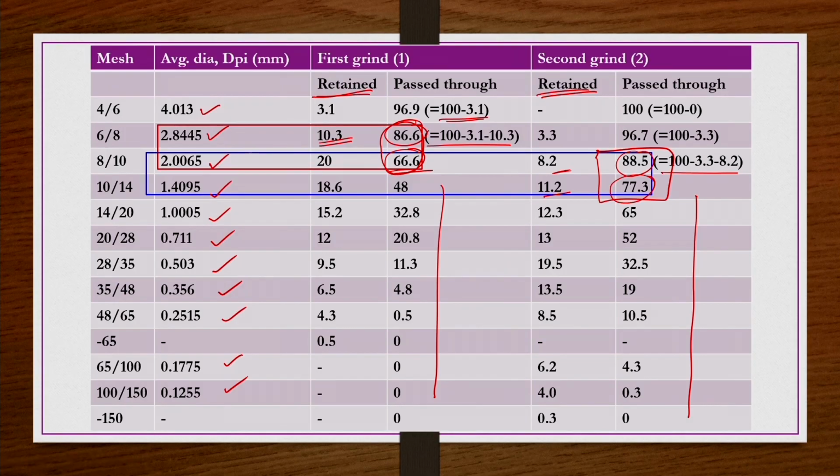So, for the first case, DPB would be somewhere between 2.8445 and 2.0065, and for the second case, between 2.0065 and 1.4095. Those are the things we are going to find out and simply substitute in Bond's law, since the rest is known.